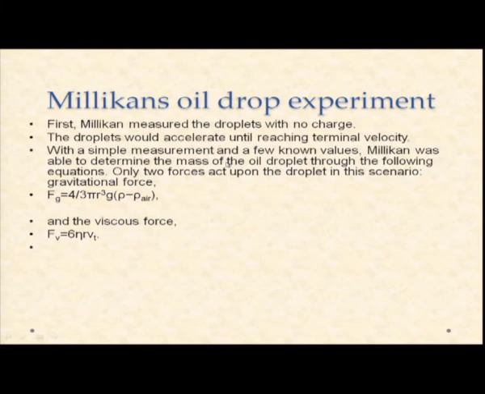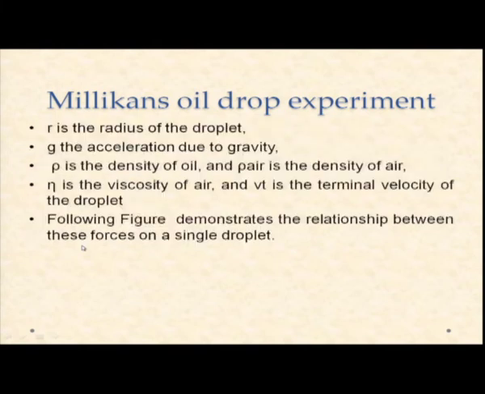Here two forces act upon the drop in this scenario. The gravitational force is Fg equal to 4 by 3 pi r cube into rho minus rho air into g, and the viscous force is equal to 6 pi eta r Vt. These are the two forces acting on the oil drop, where r is the radius of the droplet, g is the acceleration due to gravity, rho is the density, and eta is the viscosity of air.